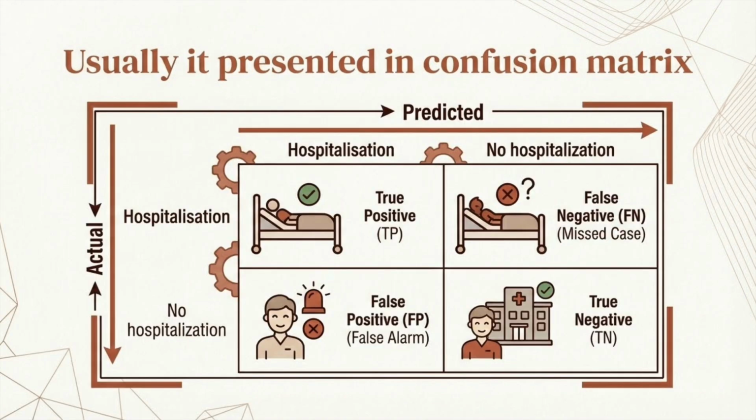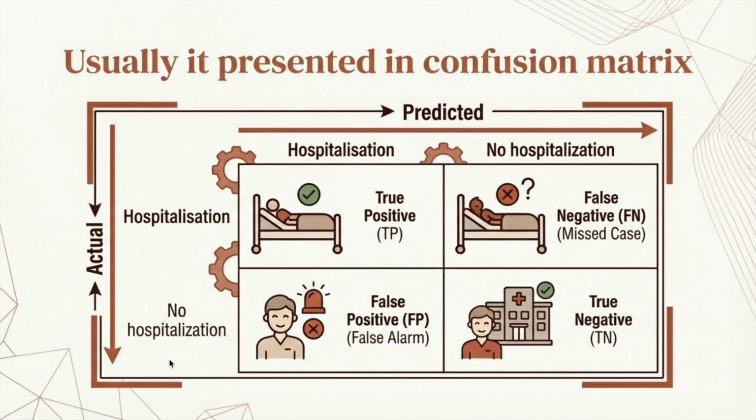Usually it is presented in the form of a confusion matrix. So we have predicted results, like hospitalization or not, and reality, the actual result, hospitalization or not. When both reality and prediction are hospitalization, it's true positive. When the model said that there is no hospitalization, but in reality there was, this is false negative, it is a missed case.